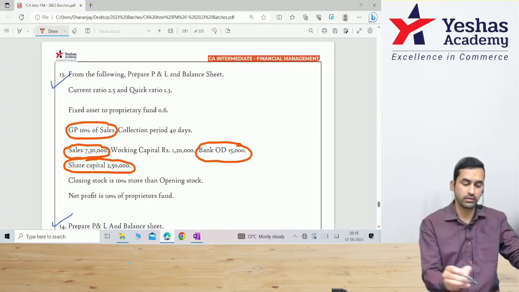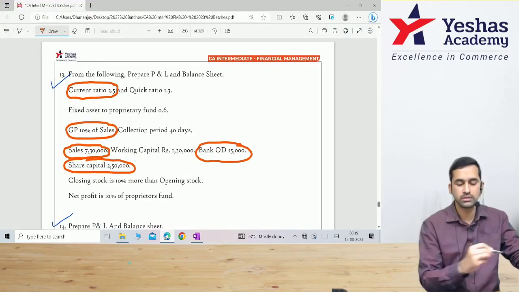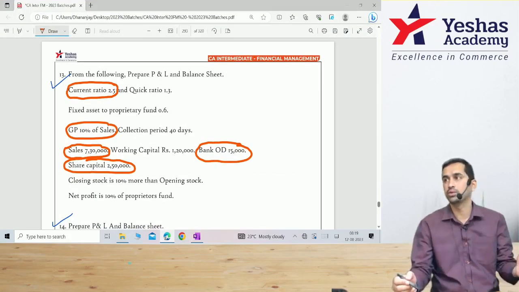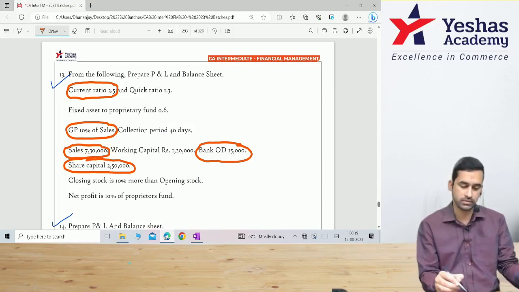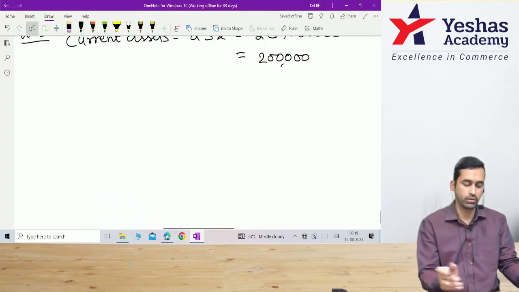Current ratio was given. We considered that. Next is quick ratio. Using quick ratio, I can find out stock. Left hand side is 1.3. Current asset, you know. Current liability, you know. You can complete this. Working note number 3.